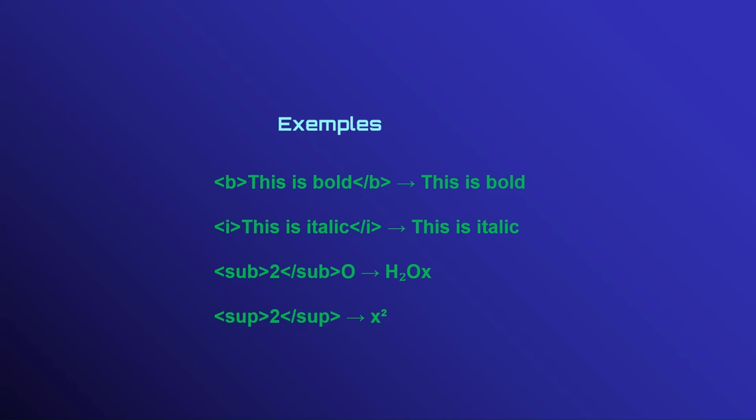Likewise, we use the sup, the same thing, just like an index. When we are writing mathematical expressions, we could write in base or in index format, indices, just like we could see here, x raised to power 2, and we have the chemical formula H2O.